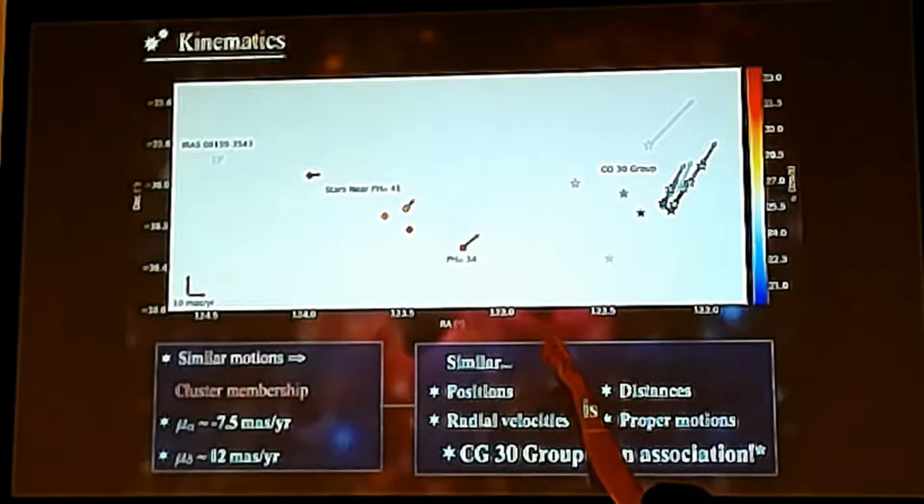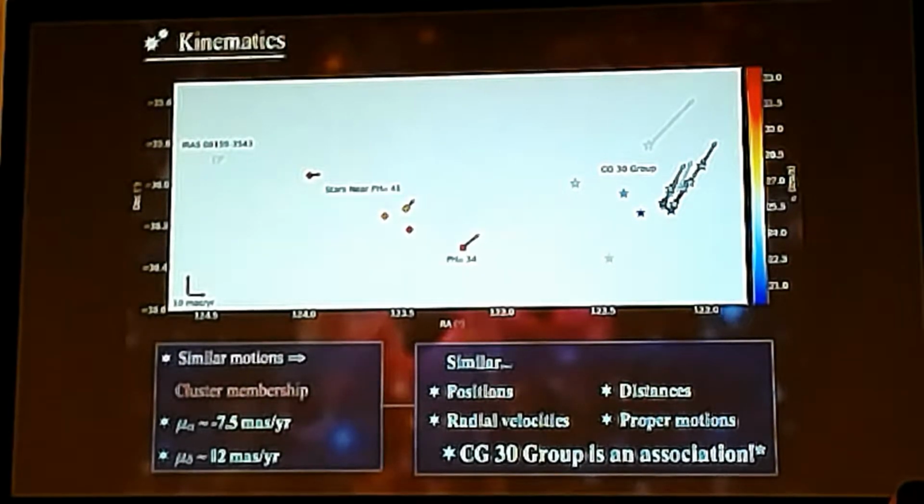The ones over by PH alpha 41 are a bit of a mess. Oh well, we'll let those go. These over next to CG30 look sort of interesting, don't they? We see a lot of arrows pointing in roughly the same direction with similar lengths. So all these stars by CG30 have similar positions, similar radial velocities, similar distances, and now we see they have similar proper motions.